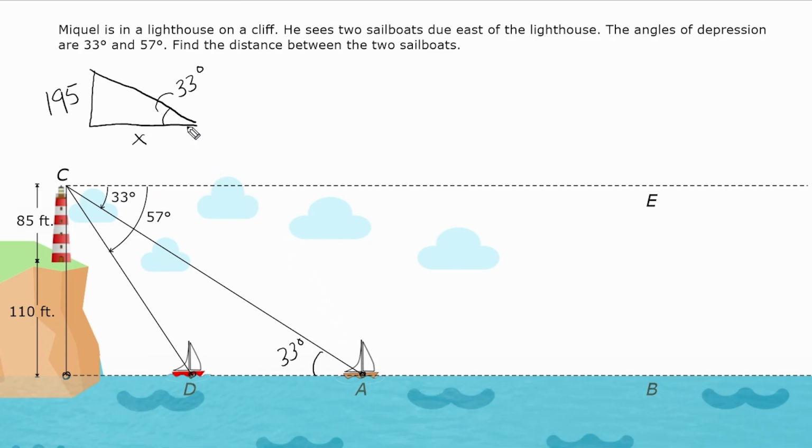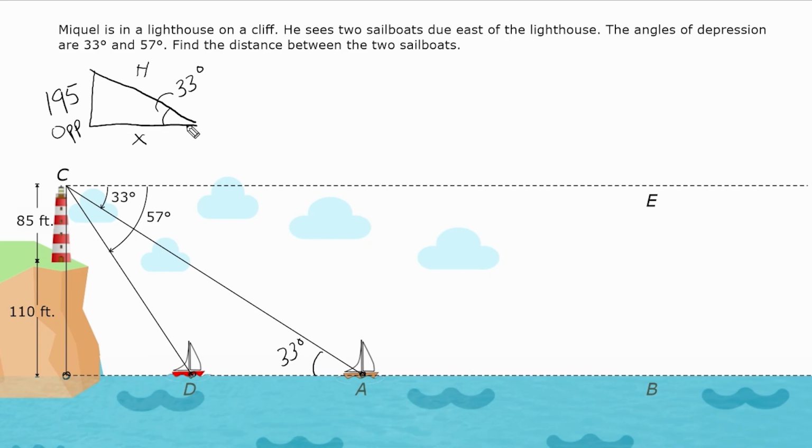So what I'm going to do now is figure out which trig ratio we should use to come up with the value of X. Now we know the longest side of a right triangle is the hypotenuse. All right. And in this particular problem, the hypotenuse is not involved because the hypotenuse is not this 195 or this X. Now, the side that is not part of your angle, meaning that this line segment does not form this 33-degree angle, is always going to be considered your opposite side relative to the angle in question.